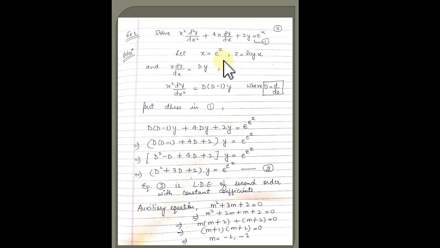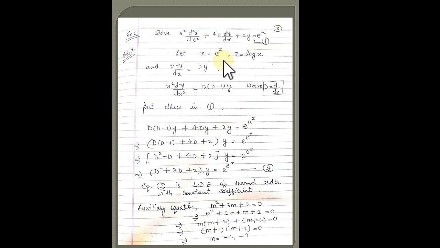In place of x dy upon dx, we replace Dy. In place of x square d2y upon dx square, we replace D(D minus 1)y. And after using these substitutions, this equation number 1 can easily be transformed in this form. After calculating, simply we are getting this equation number 2.